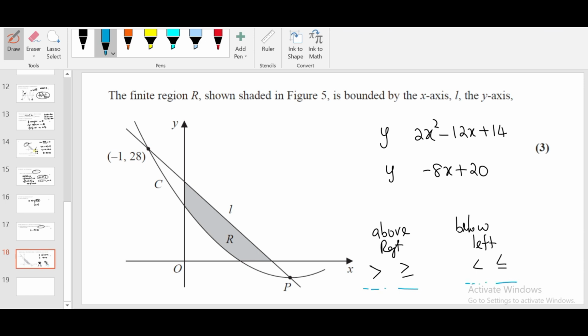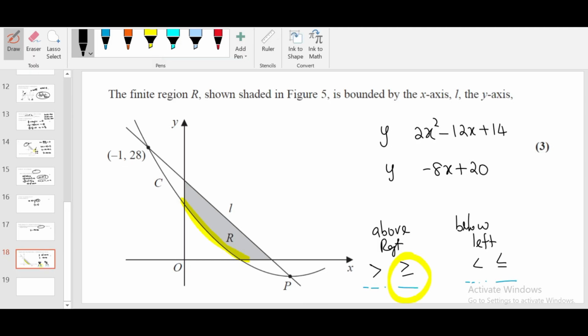So let's look at the boundary lines one by one. There are 4 boundary lines, 1 2 3 4. First look at the curve. The shaded region is above the curve, so you need to use this for a solid line. Y is greater than or equal to. And then below the line, so y is less than or equal to.